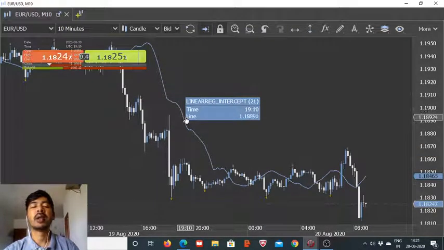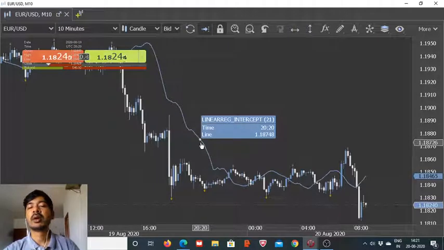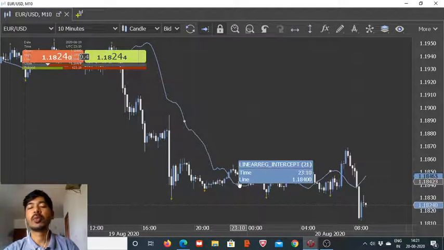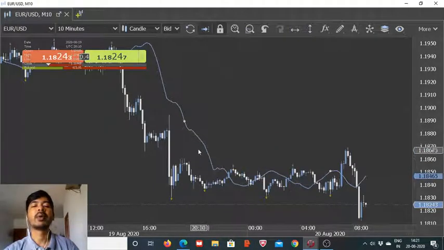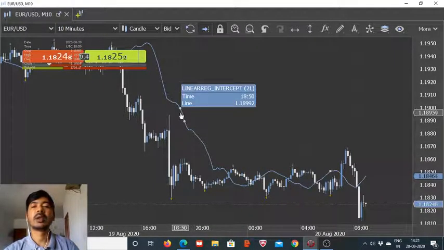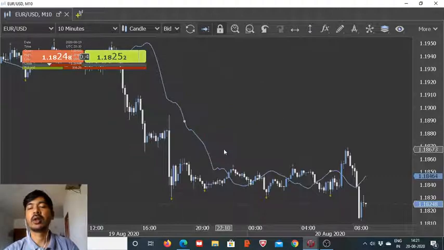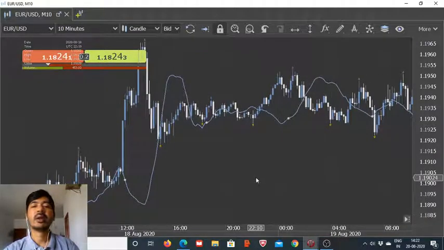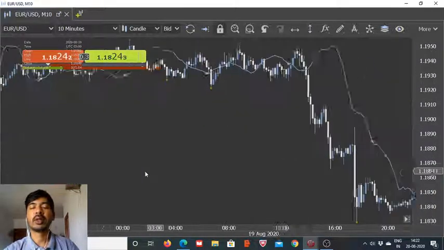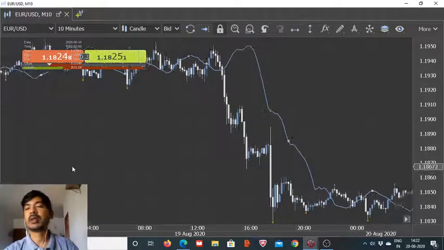In that scenario we can use the output values, and compare our current output values to the prior values to see if the linear regression is rising or falling. That way we will also get a fair amount of idea whether the trend is on the bullish side or on the bearish side.